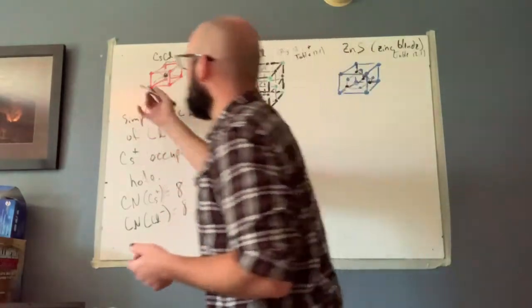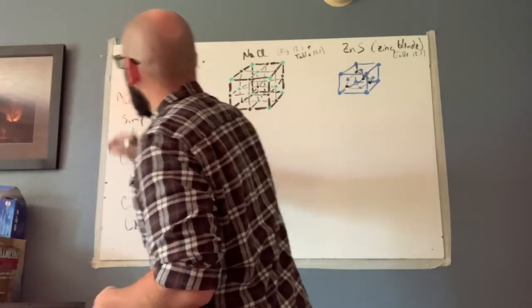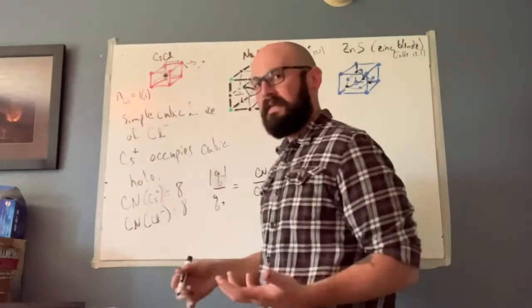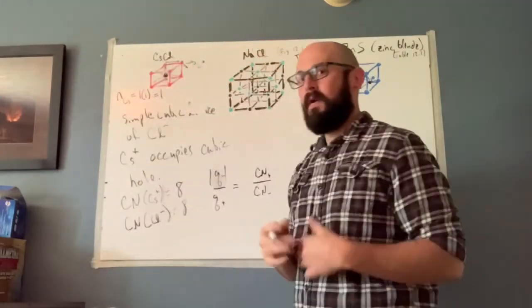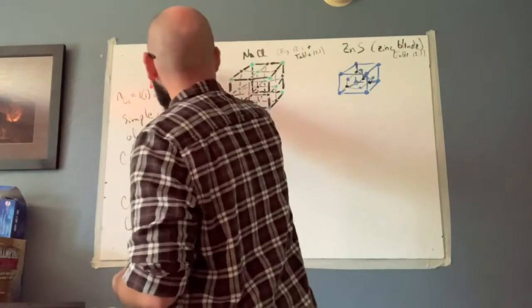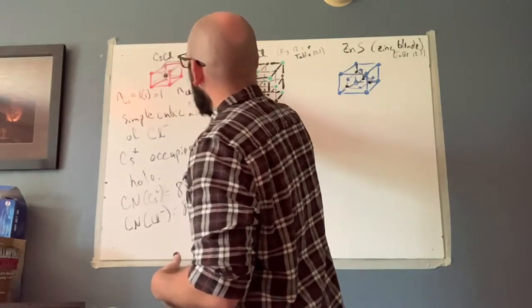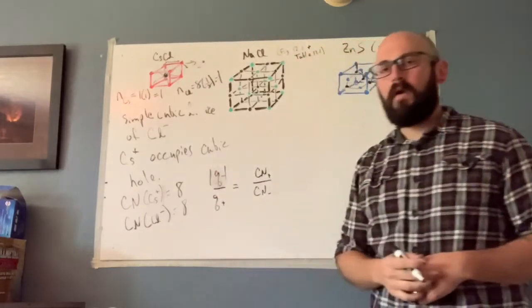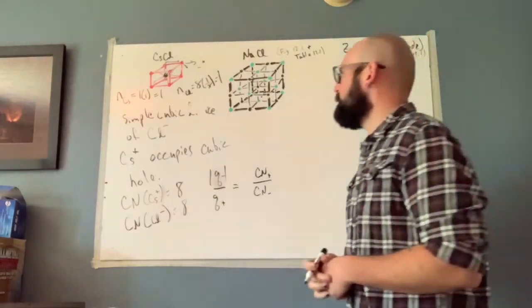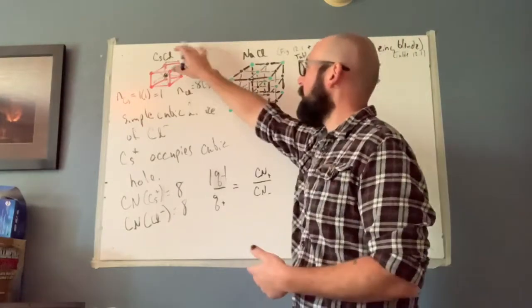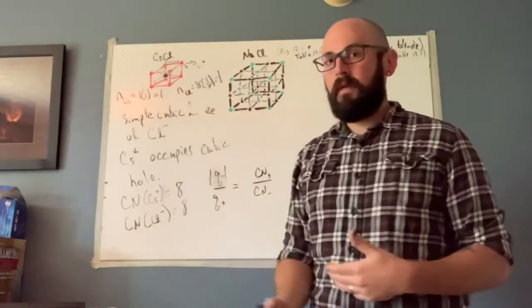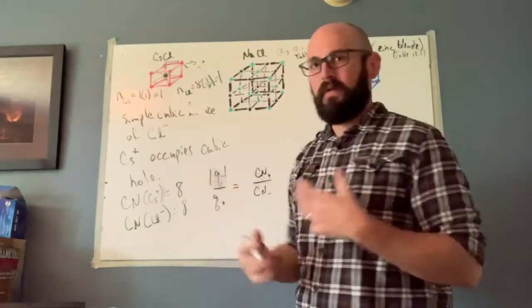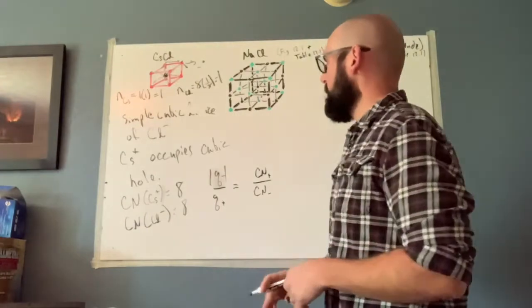So we have one cesium that occupies this body center, so it's a body site, and there are no other cesiums in our system, so there's one cesium per unit cell. And the number of chlorides, we have 8 corner sites that each contribute 1/8, so we have 1 chloride in our system as well. Obviously, this matches with our empirical formula of cesium chloride and what we expect. Similarly, our charges and coordination number match based upon the relationships that we've shown here.